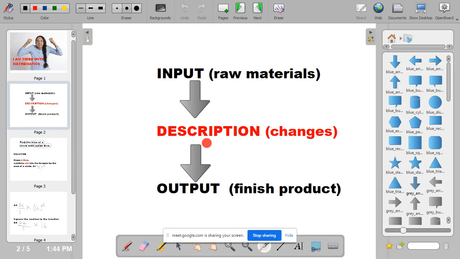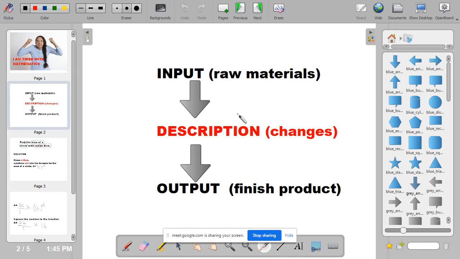So all your focus should be on the definitions, the theory, the axioms, which you apply on the raw materials, the inputs, before you can arrive at the output. Without this description or the changes or the processor, you cannot arrive here. So we believe that this is how almost every math solution should look.